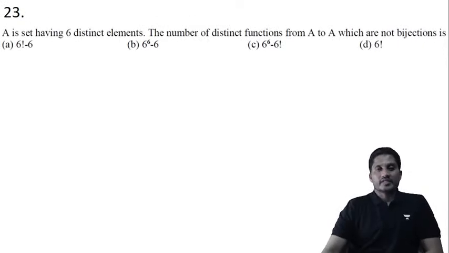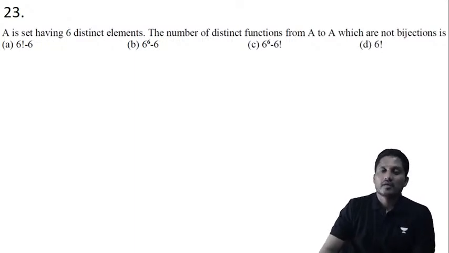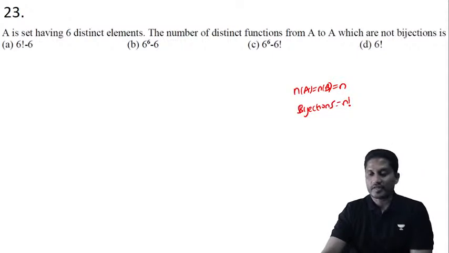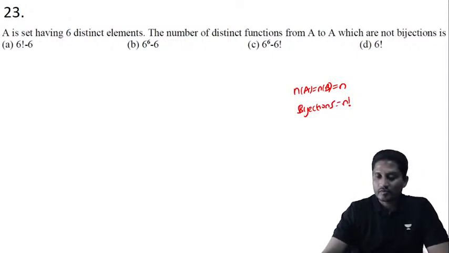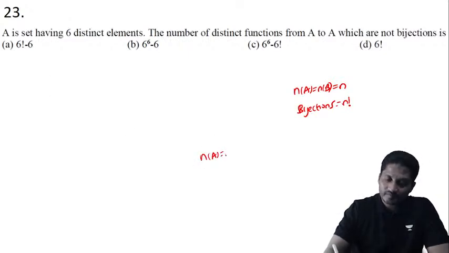Question number 23. If a set A has 6 elements, total number of distinct functions from A to B which are not bijections. N of A is equal to n of B is equal to n means total number of bijections is n factorial. Now, if suppose set A contains m elements and set B contains n elements, then total number of functions is n power m.